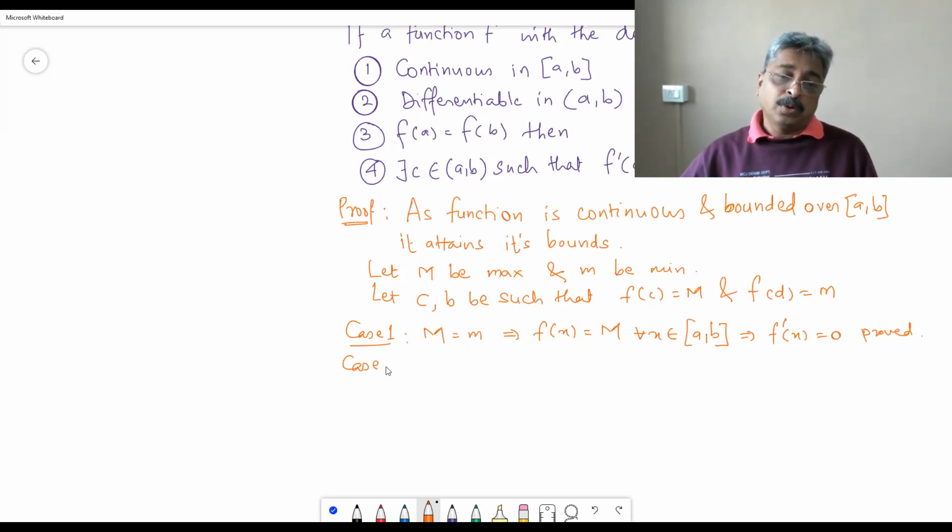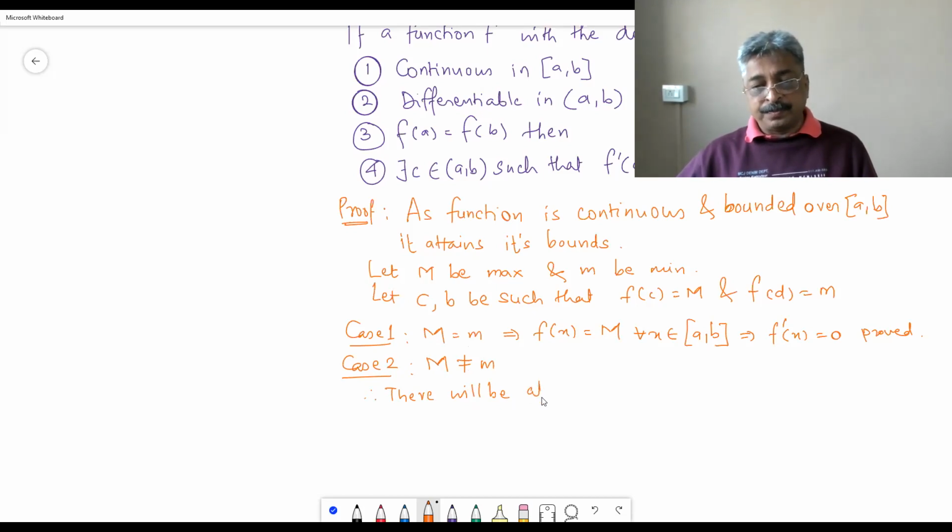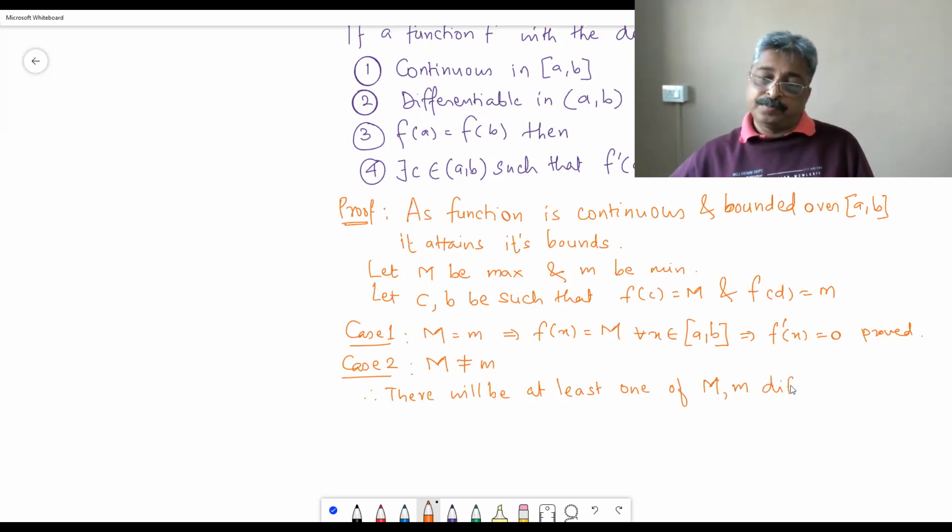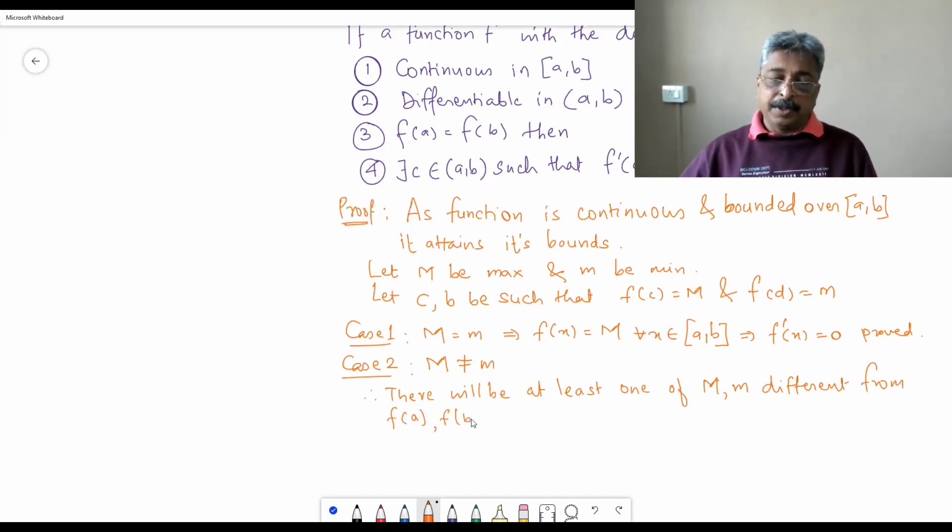Case 2. Capital M is not equal to small m. Therefore, there will be at least one of capital M, small m different from f(a), f(b).